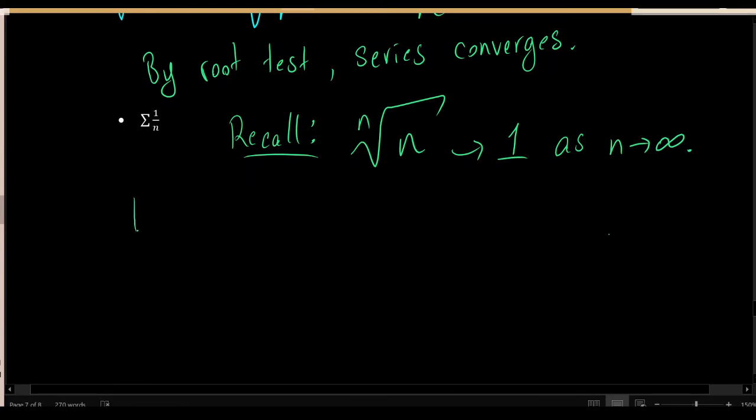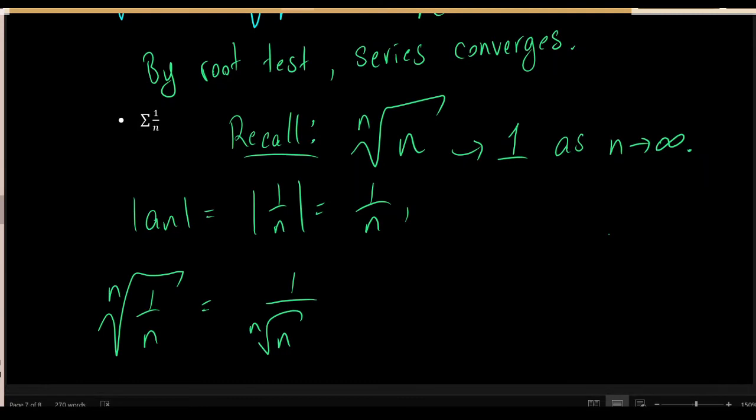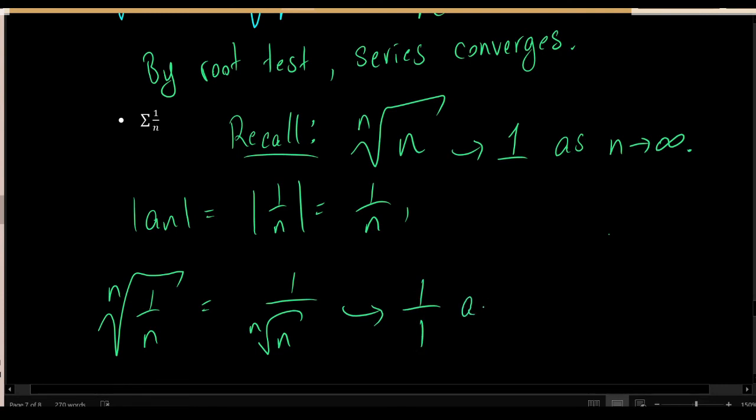So, if I look at the absolute value of a_n, and I take the nth root of that, the nth root of 1 is always equal to 1, and the nth root of n approaches 1 as n goes to infinity.